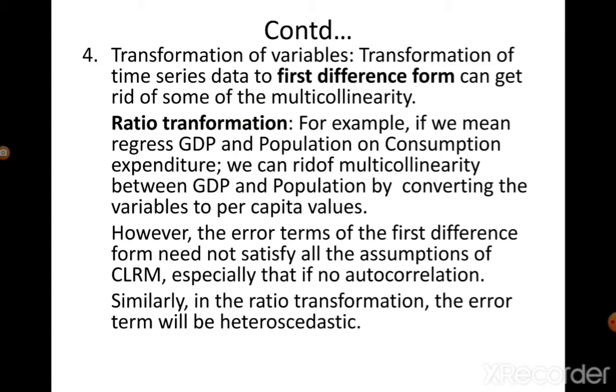Now we know that both GDP as well as population are highly multicollinear. So you can convert this using the ratio transformation. In the ratio transformation, you can convert your dependent variable into consumption expenditure per capita, and your x variable will become GDP per capita, right?